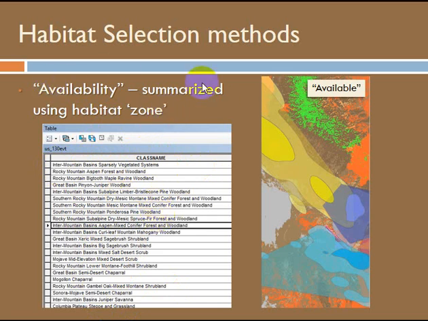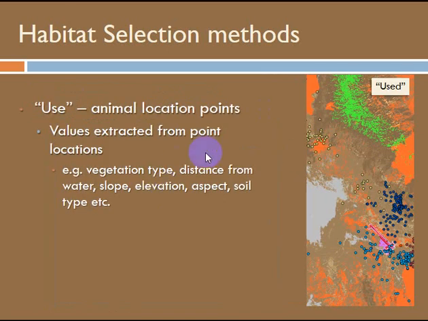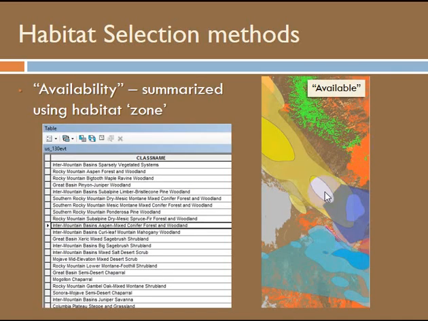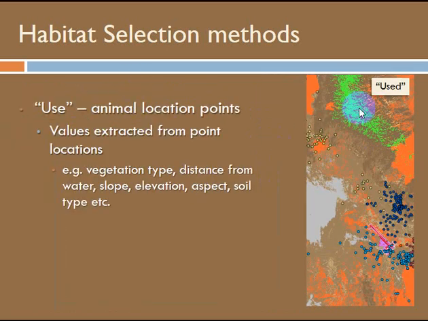So the availability is summarized using the habitat, right? So we're going to clip the land cover using a home range, and then what's used or utilized is, instead of looking at that zone, we're going to look at the locations of the actual point. So instead of taking this generic area and saying, okay, this is what's available in their home range, where are they actually found?